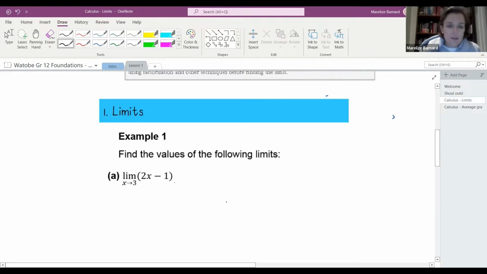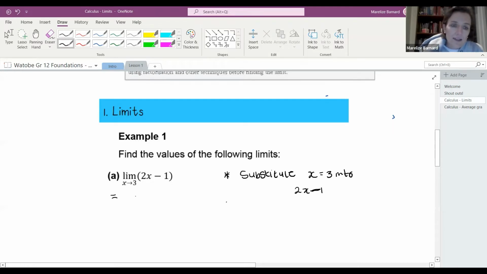So how we approach this question is that we actually substitute x equal to 3 into the function. So substitute x equal to 3 into 2x minus 1.